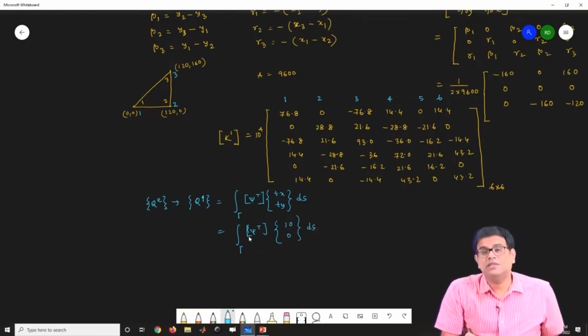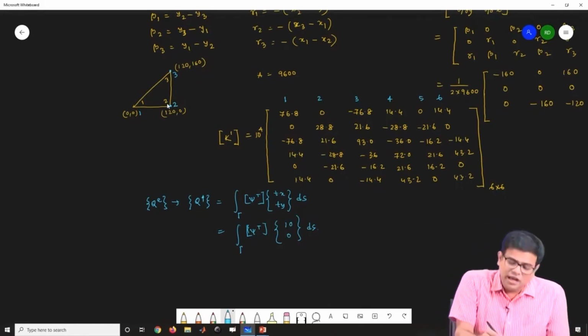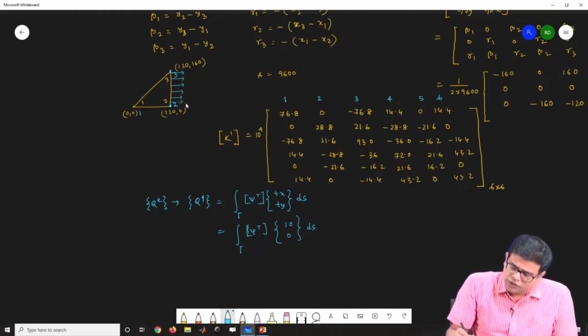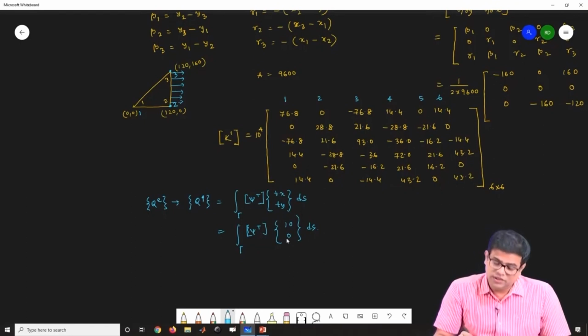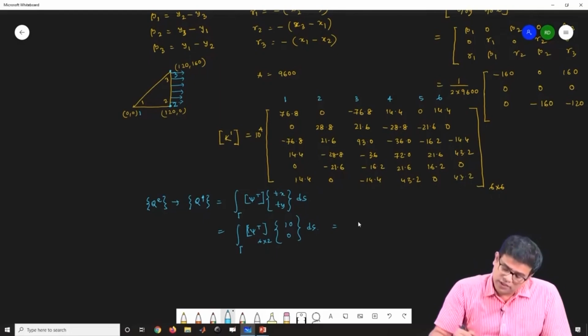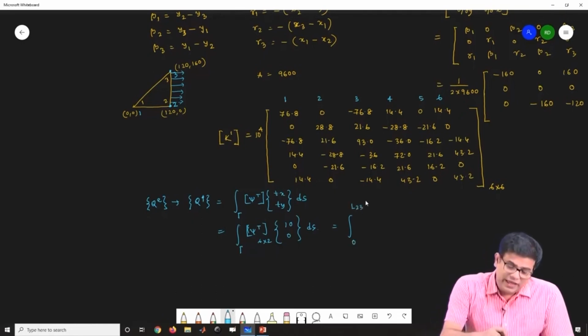Now psi is what we know. If you look at this element, node 2 and node 3 have the force. So naturally my multiplication with 10 and 0, this is now your 6 cross 2 matrix. If I multiply with it, my psi 1 will be 0. So this finally means the integral from 0 to L23, because the length is 23.